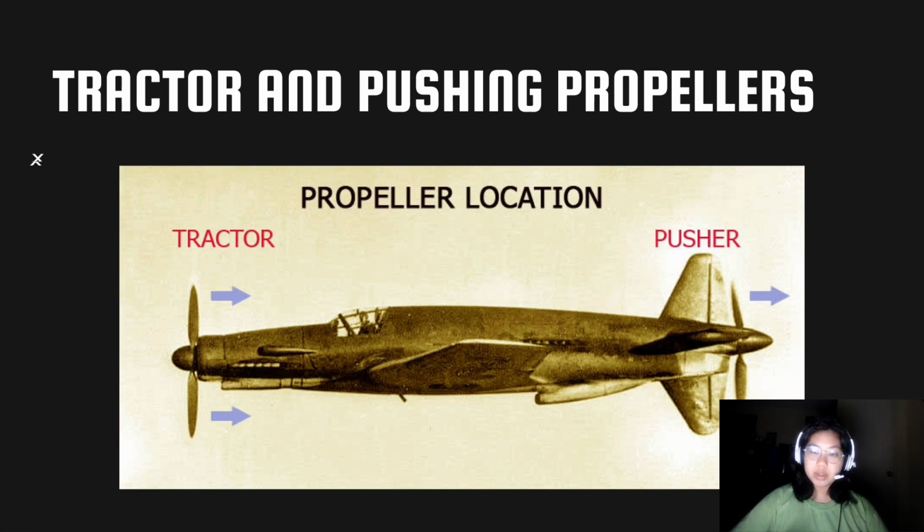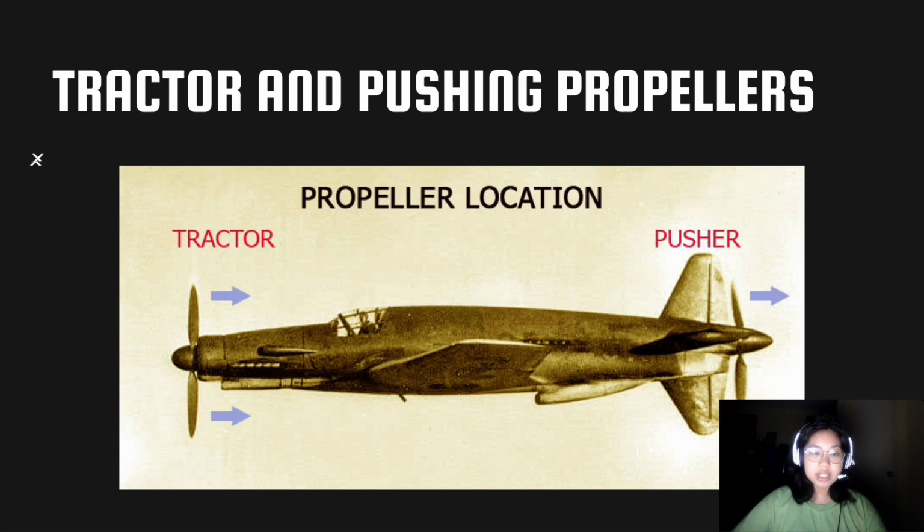Now, most aircraft are equipped with the tractor type propeller, and one of the reasons is because lower stresses are induced in the propeller as it rotates in relatively undisturbed air. Another reason is because the rocks, gravel, and small objects that are dislodged by the wheels are frequently thrown or drawn into the other type of propeller, which is the pusher type propeller.